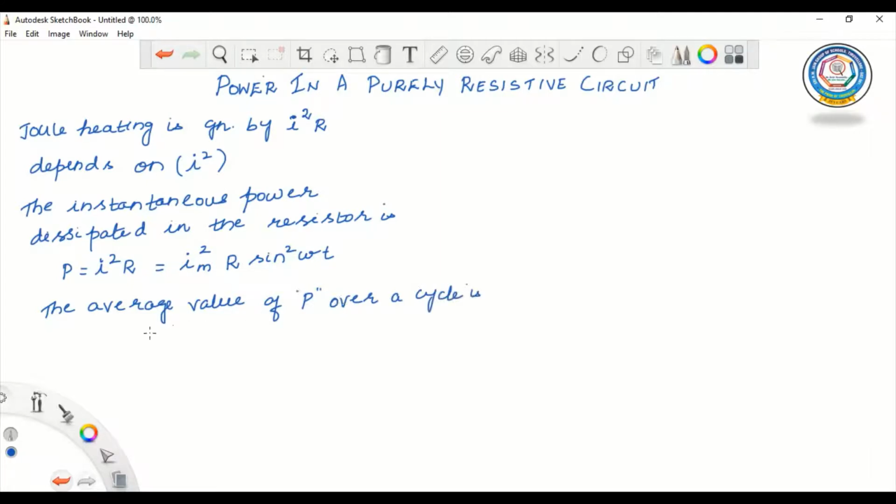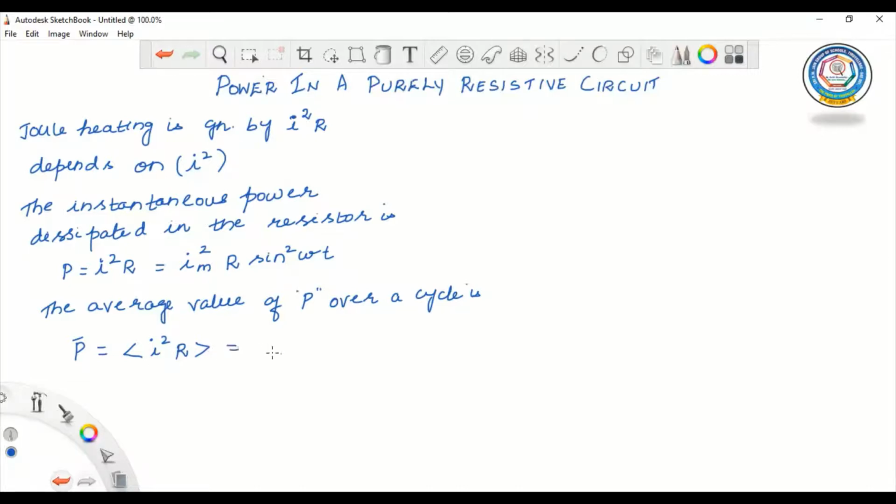We can represent it as P bar. This is nothing but the average value, written with this bracket: I square R. This indicates the average of the quantity inside the bracket.